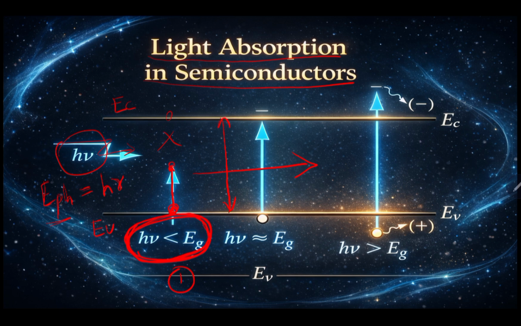Now we will discuss the second case, when the energy of the photon is equal to the band gap energy. The incident light photon energy is equal to the band gap energy, so both are approximately equal values.